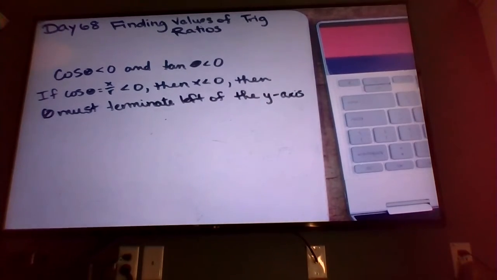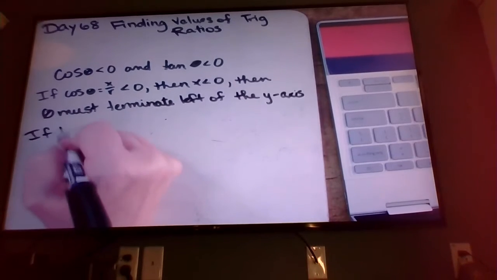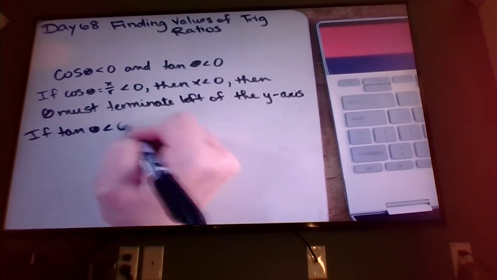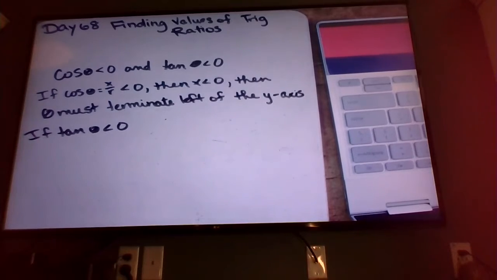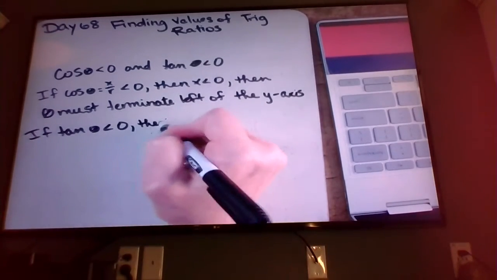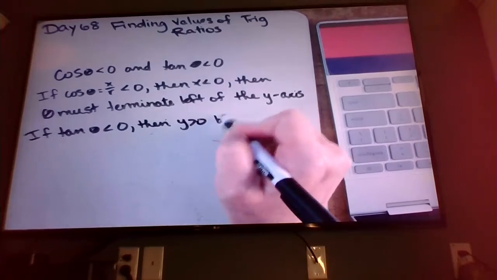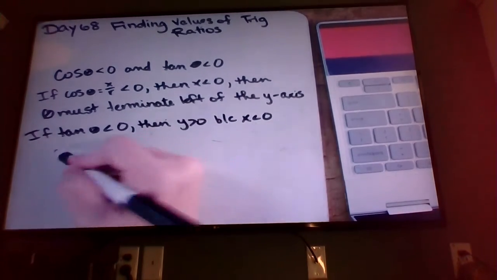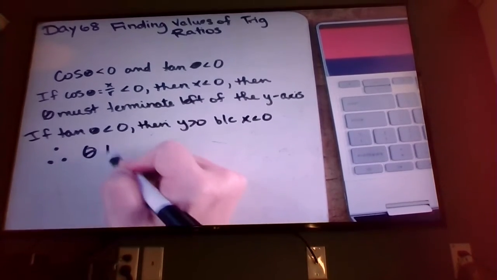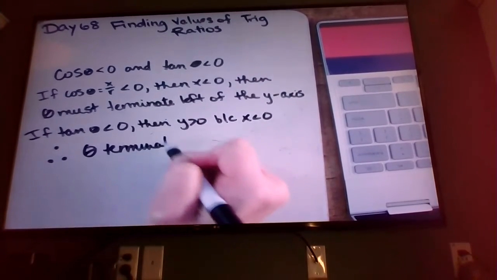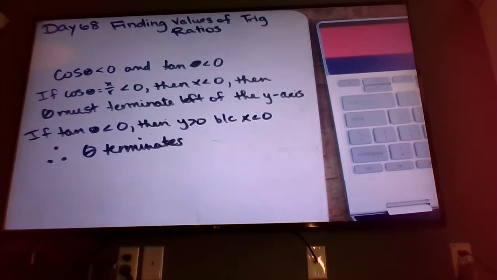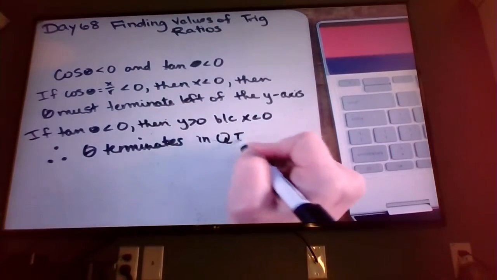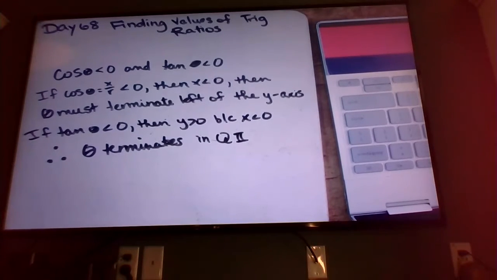And if the tangent is also less than 0, then y has to be greater than 0 because x is already less than 0. Therefore, theta terminates in quadrant 2, because quadrant 2 is where x is negative and y is positive.